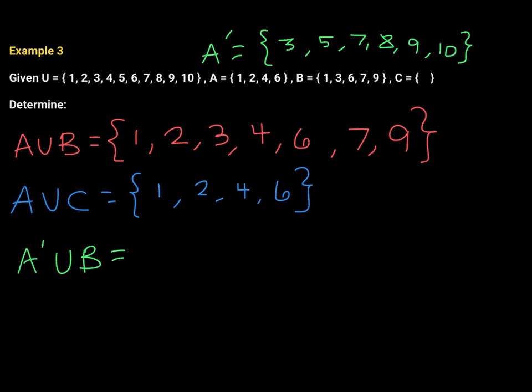Okay, we're looking at the union of this set that we just wrote, the complement of set A, and set B. Now remember, in order to make it into the union, you only need to belong to at least one of these 2 sets here. So let's go for it. 1 makes it into the union because it's in set B. 3 makes it into the union because it belongs to both sets. 5 makes it into the union because it belongs to the complement of set A. 6 makes it into the union because it belongs to set B. 7 belongs to both sets. 8 belongs to the complement of A. 9 belongs to both sets.